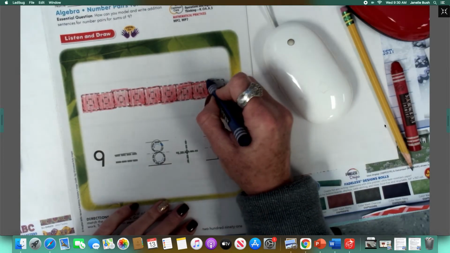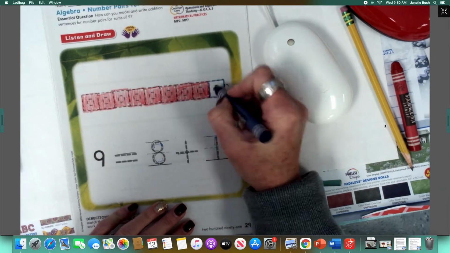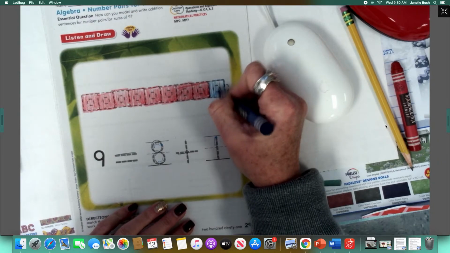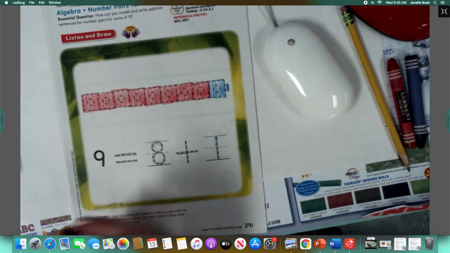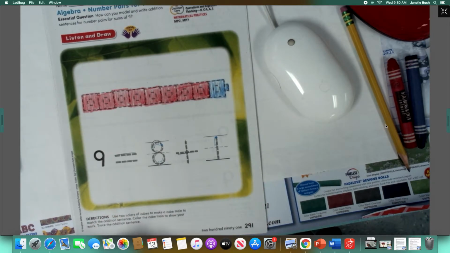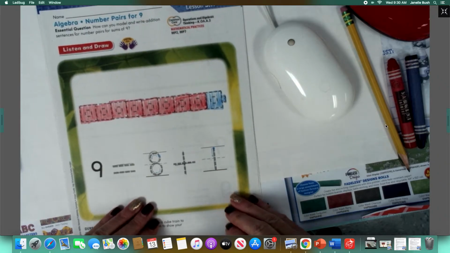Yes, 1. So with your blue crayon, you're going to color 1 cube blue. Okay, if you need to pause this video to catch up, then you may, or you can go along with me to the next page.